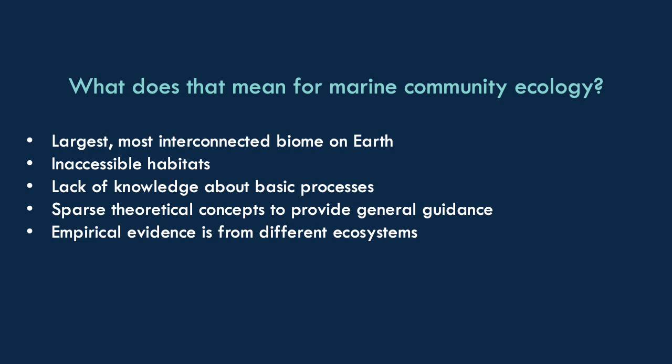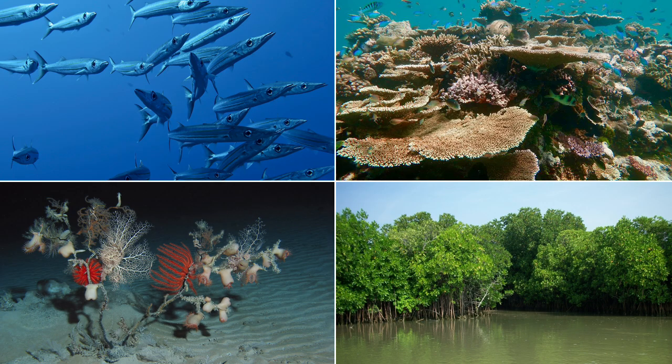There's a lack of knowledge about basic processes, sparse theoretical concepts to provide general guidance, and empirical evidence mostly comes from different ecosystems, which is phenomenal because that means that there's still so much to explore and discover when it comes to marine communities. It's really a wide open field that is thirsty for knowledge.